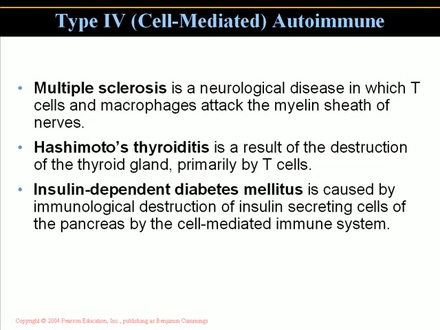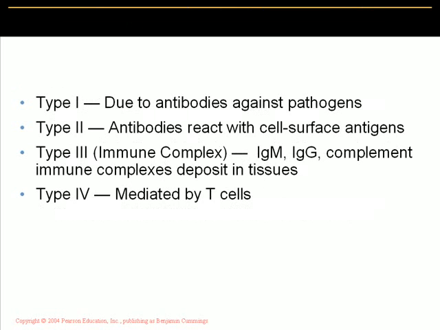Multiple sclerosis is a neurological disease which has T cells and macrophages that attack the myelin sheath on nerves. In Hashimoto's thyroiditis, this is a result of destruction by T cells. In insulin-dependent diabetes mellitus, this is caused by immunological destruction of the insulin-secreting cells of the pancreas by the self-mediated immune system.